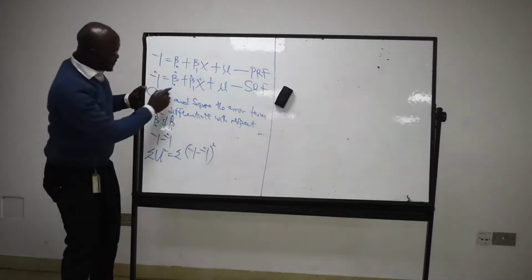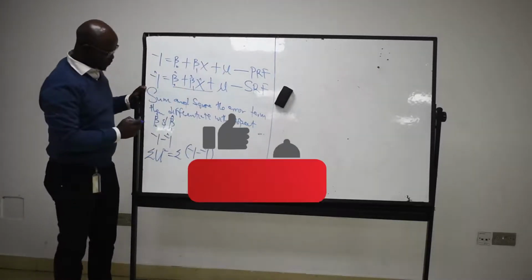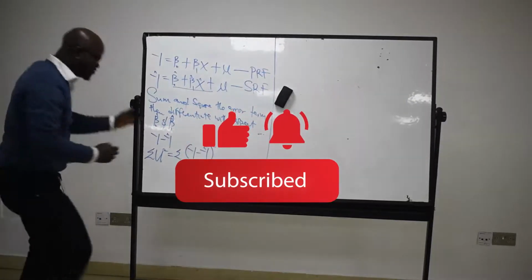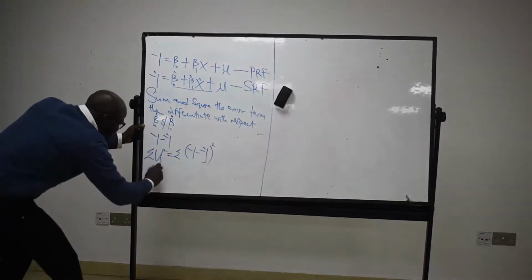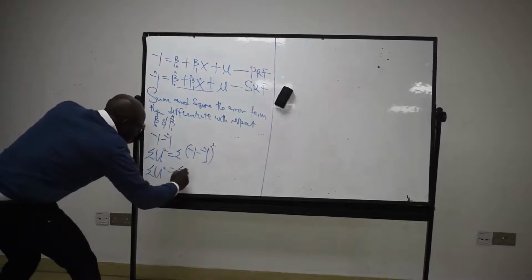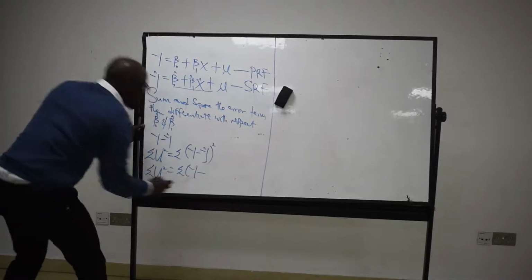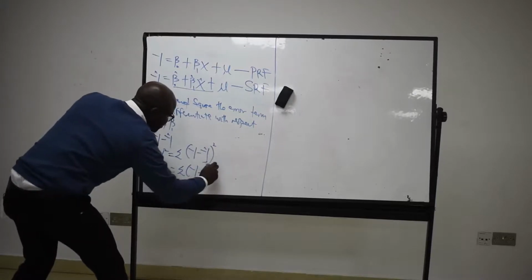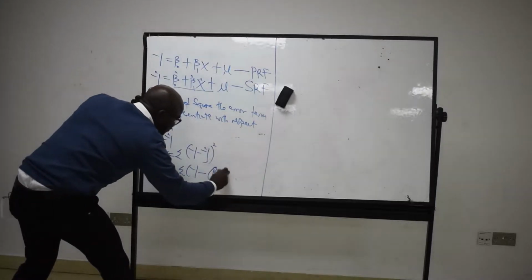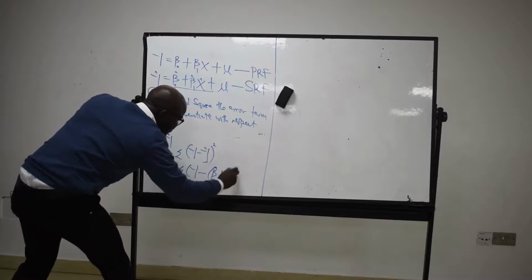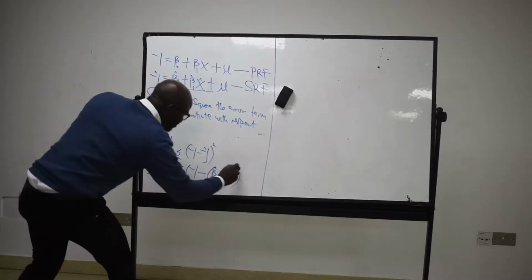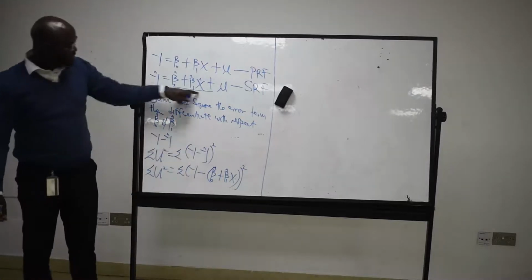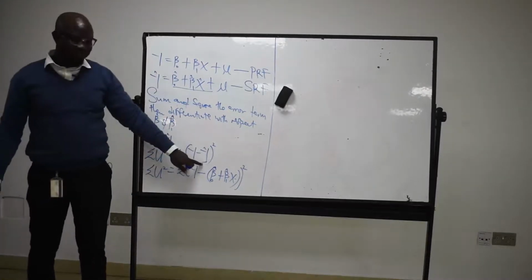Class, everything that we have here represents y cap, right? So I can rewrite this as summation of y minus beta naught cap plus beta 1 cap x, everything squared, class. It's just like replacing what we have here with this.